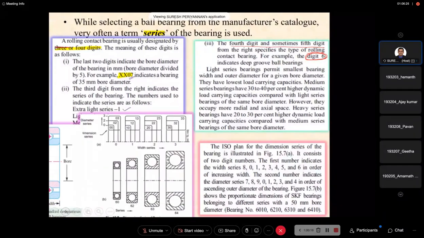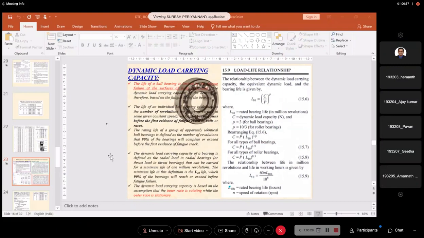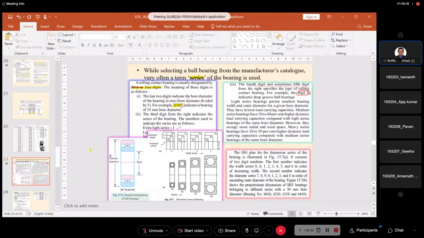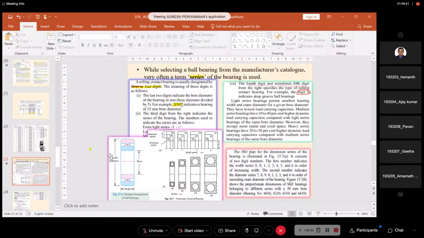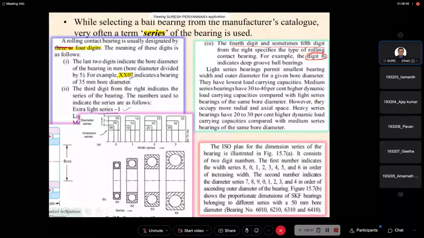Okay, now I come to this, how we are defining here. Now, the dimensions of the dimension series. Okay, now I come to this, the ISO plan for the dimension series of the bearing is illustrated here in figure 15.7a.